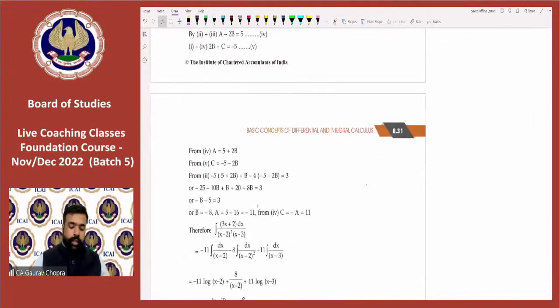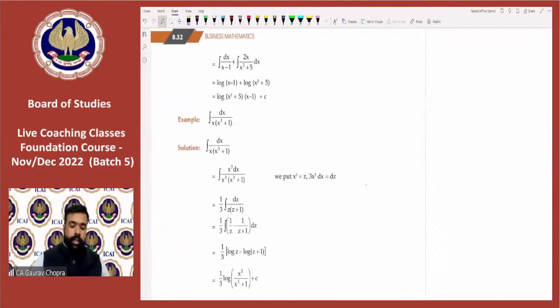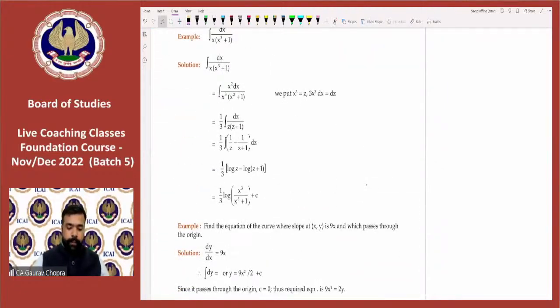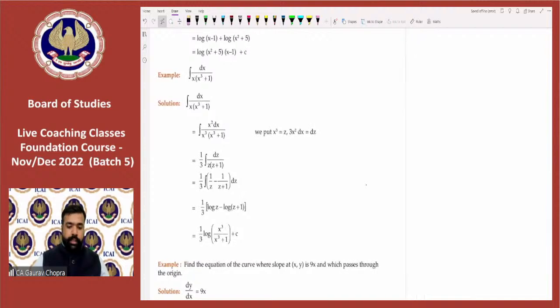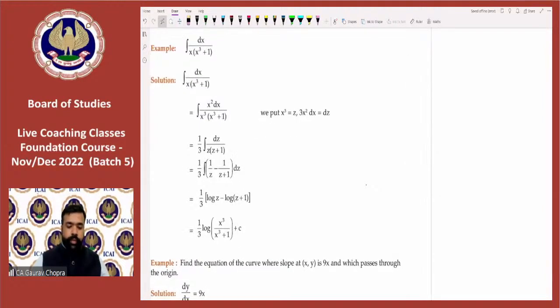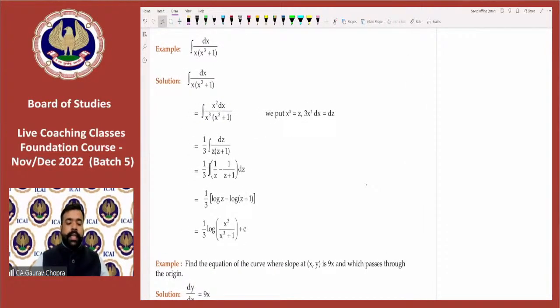Now let's try the next one, that is, yes, this one. dx divided by x multiplied by x cube plus 1. Now, in such cases, we can let and solve.